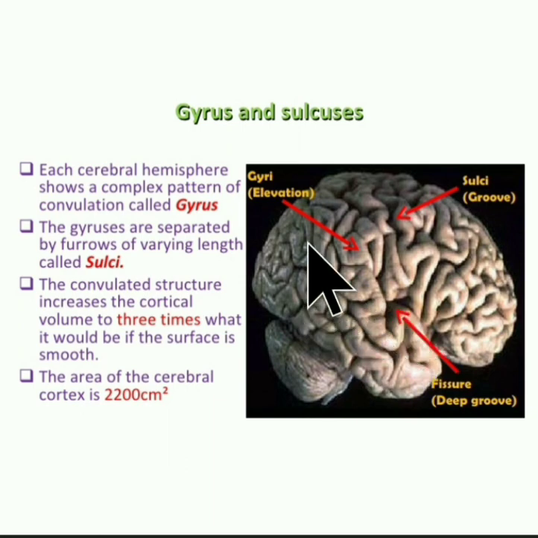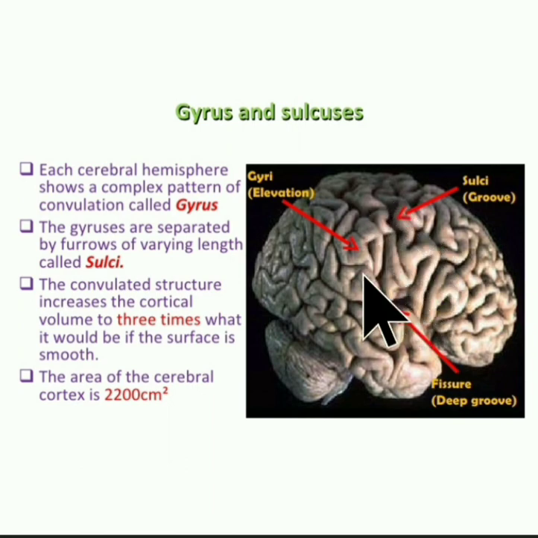You can see in this picture a lot of elevations and grooves. Each cerebral hemisphere shows a complex pattern of convolutions or elevations, which are called gyri. You can see grooves between the gyri, and the gyri are separated by furrows of various length called sulci.